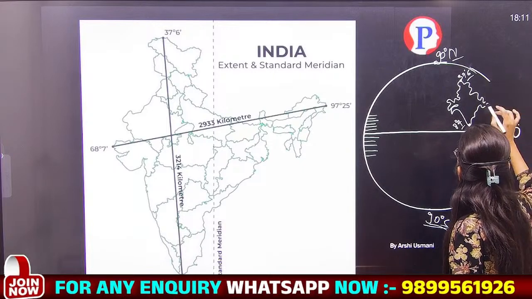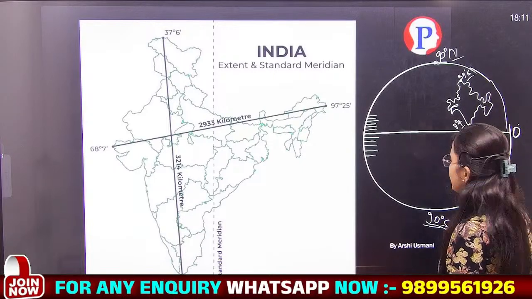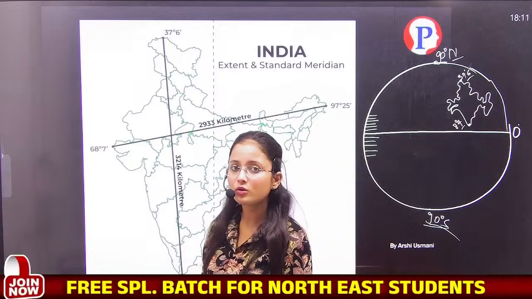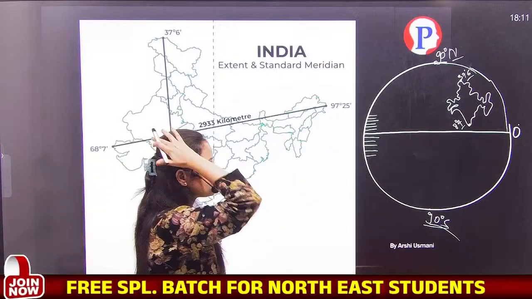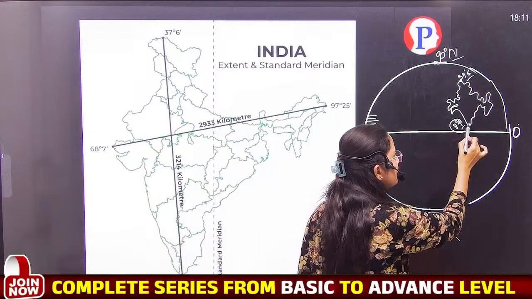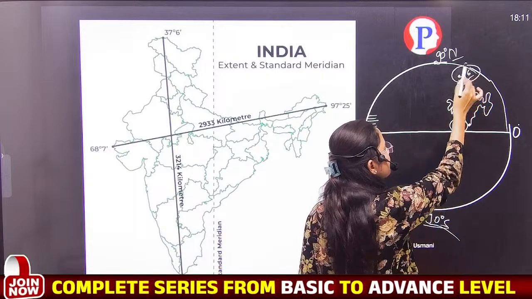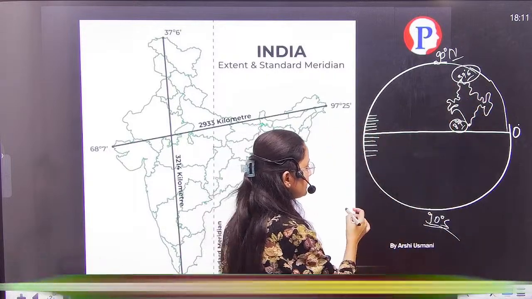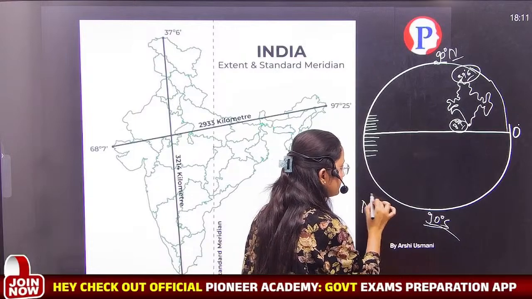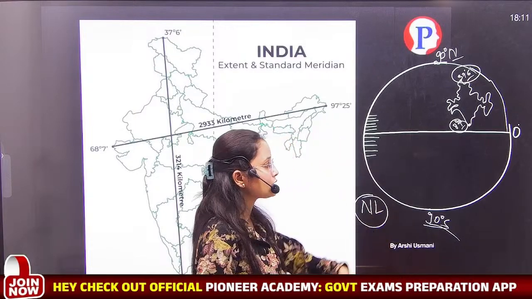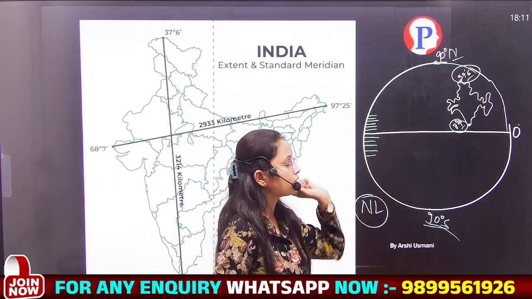It all will be northern latitude, not southern latitude. This is 8 degree 4 minute and this is 37 degree 6 minute, and this is in northern latitude because the whole of India is located in the northern hemisphere according to this line.